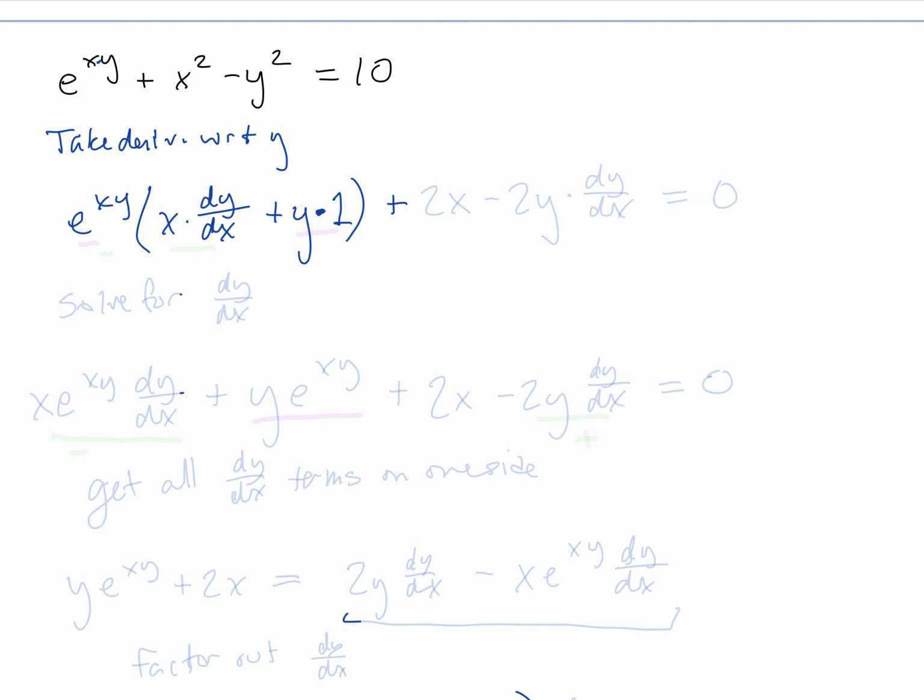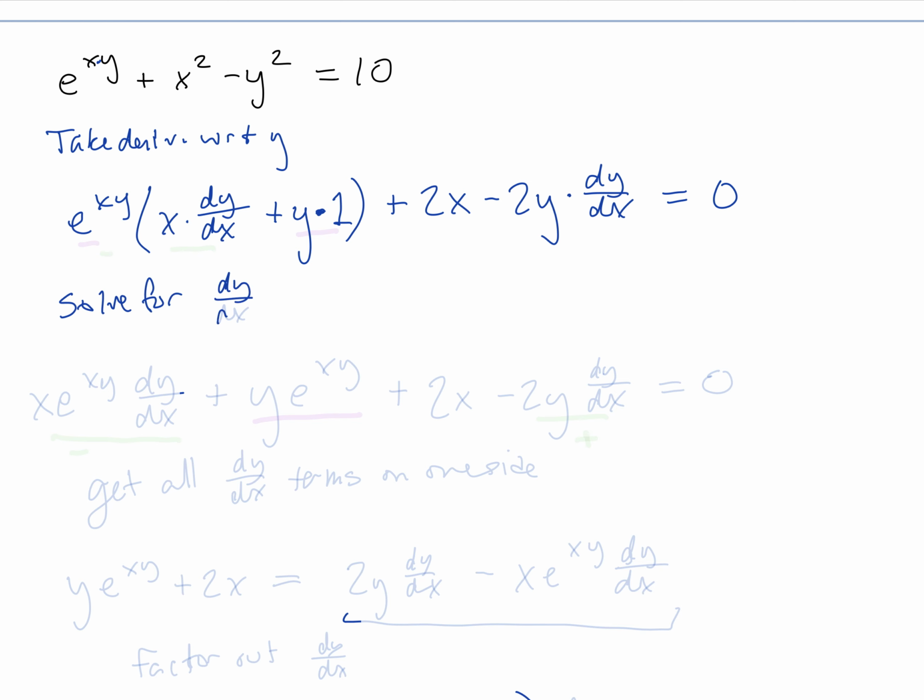So that's the derivative of the first term, plus the derivative of x squared with respect to x is just 2x, minus the derivative of y squared with respect to x. y is the inside function, squared is the outside function, so 2 times the inside function to the first power, that's doing the chain rule, multiplied by the derivative of the inside, and that's equal to the derivative of 10, that's a constant, so that's 0.